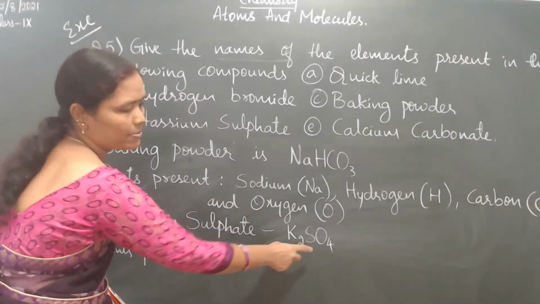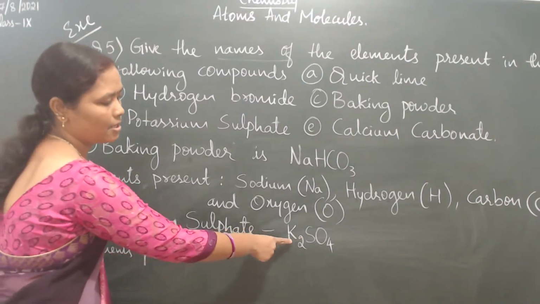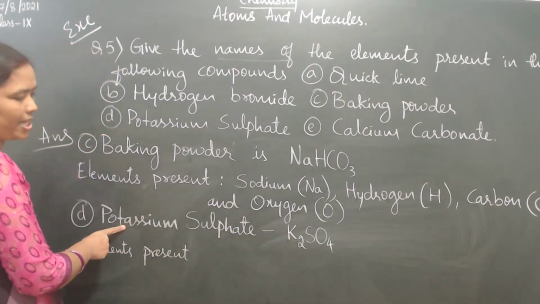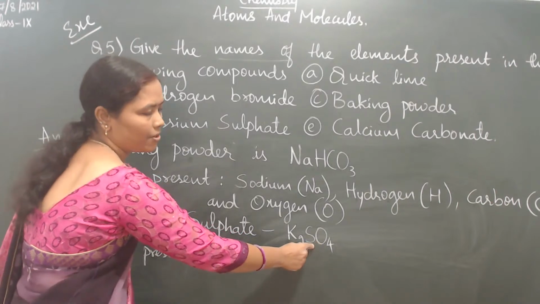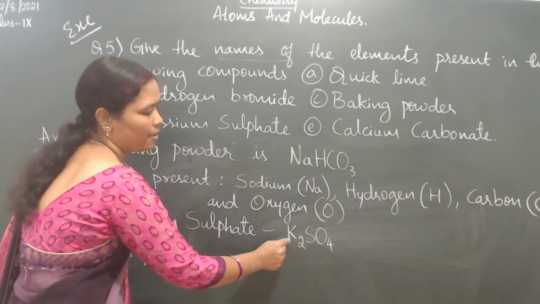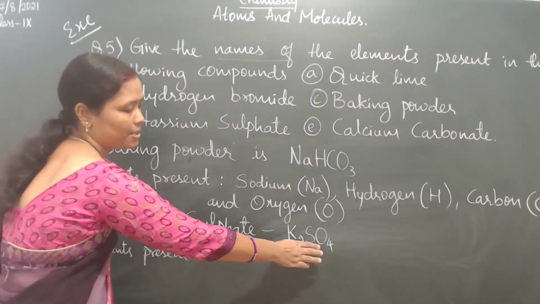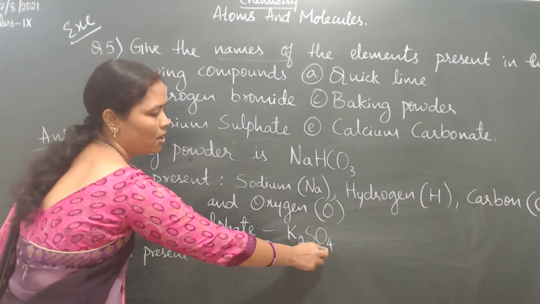Tell me how many types of atoms of the elements are present in this compound? This K stands for potassium. Okay, for the sulfate we are going to use sulfur and oxygen. So three types of atoms of the elements are present in this compound: potassium, sulfur, and oxygen.